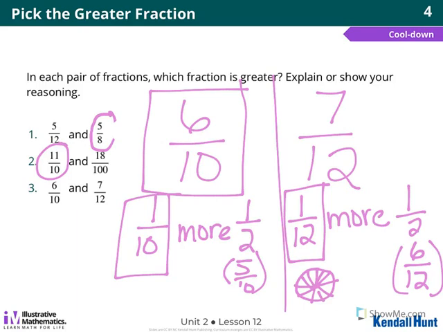I don't think that's exactly 12, but if I'm splitting up my pizza, 1/12 of a pizza is smaller than 1/10. 1/10 is going to be bigger. So therefore, 6/10 has to be bigger than 7/12 because 1/10 more than 1/2 is bigger than 1/12 more than 1/2.